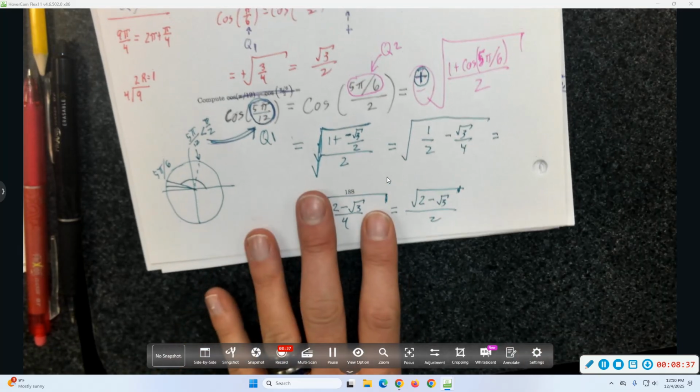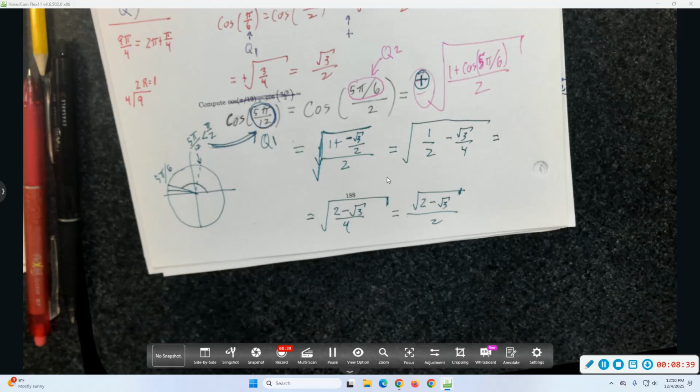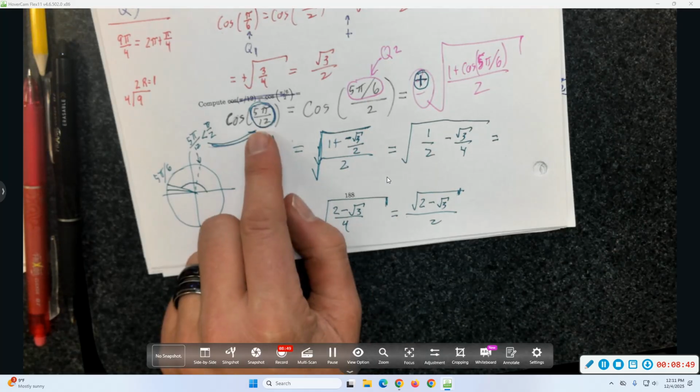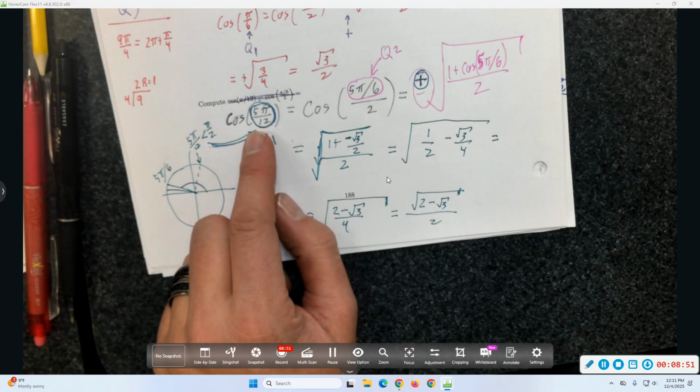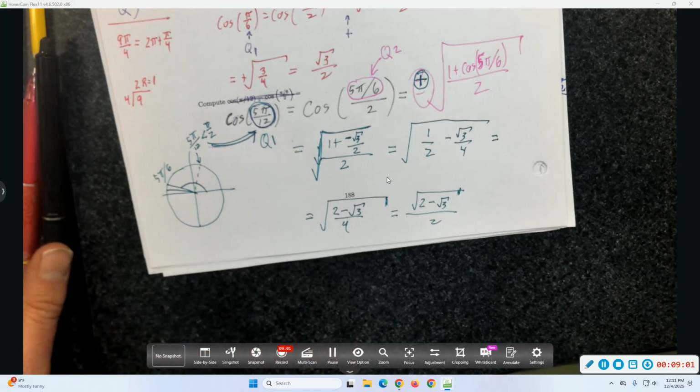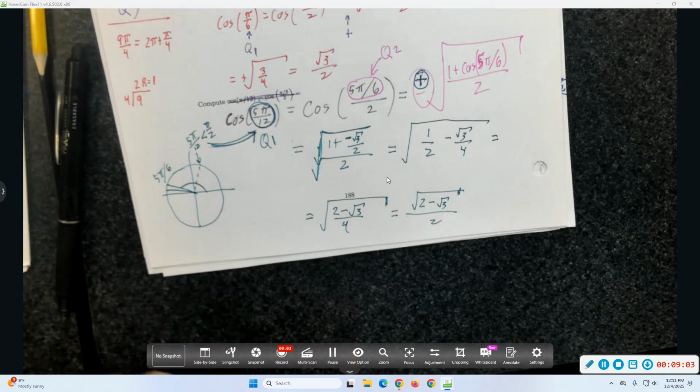Neato. Cool. So we get the square root of 2 minus the square root of 3 all over 2. Does that computation feel pretty okay? Do you remember computing the same thing earlier though, using a different technique? Maybe say angle addition? In fact, go back to the bit of the notes where you did this using angle addition.